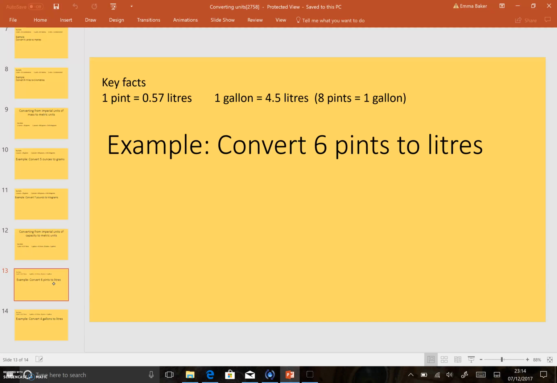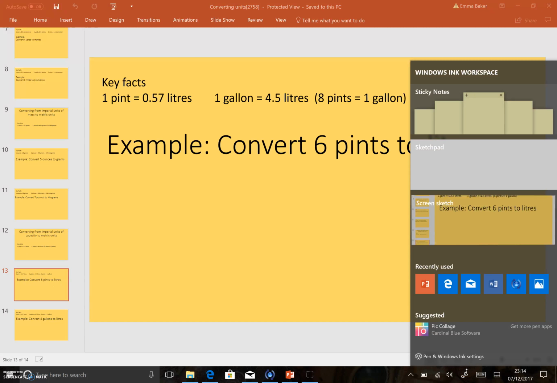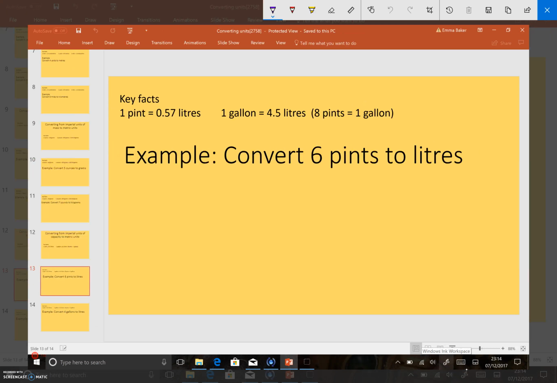And then if we do an example, we want to convert pints into litres. Okay, I could say 1 pint is 0.57 litres. That's my fact I want to use. I don't need to look at the gallons one because there's nothing written in my question about gallons. I'm looking at pints.